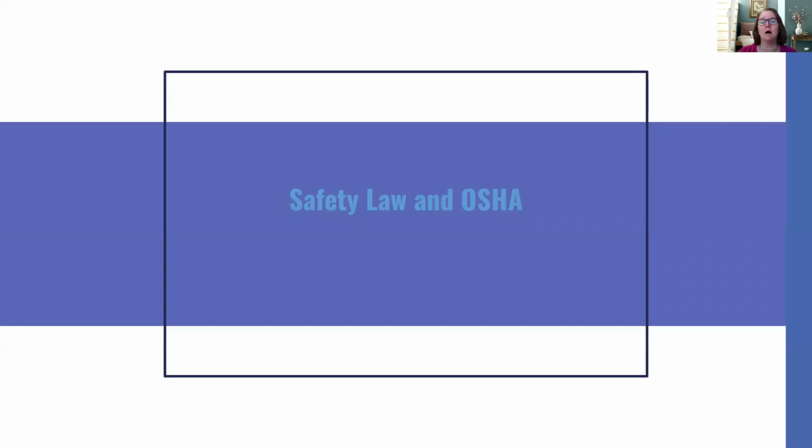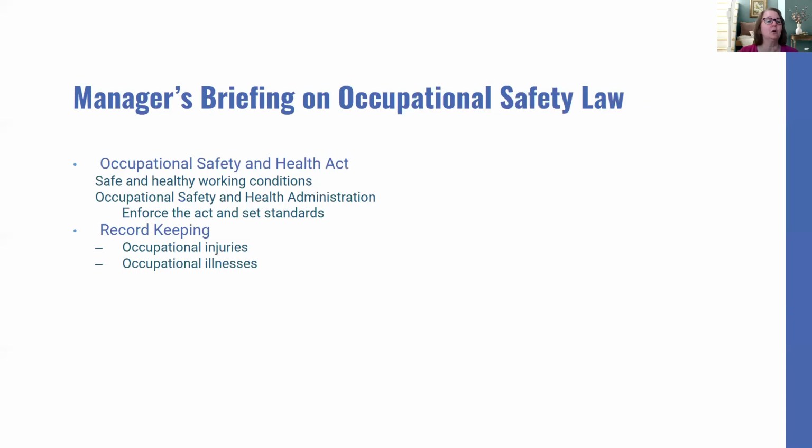So the safety law and OSHA. OSHA is the Occupational Safety and Health Act of 1970, and Congress passed OSHA to assure, so far as possible, every working man and woman in the nation safe and healthy working conditions and to preserve our human resources.